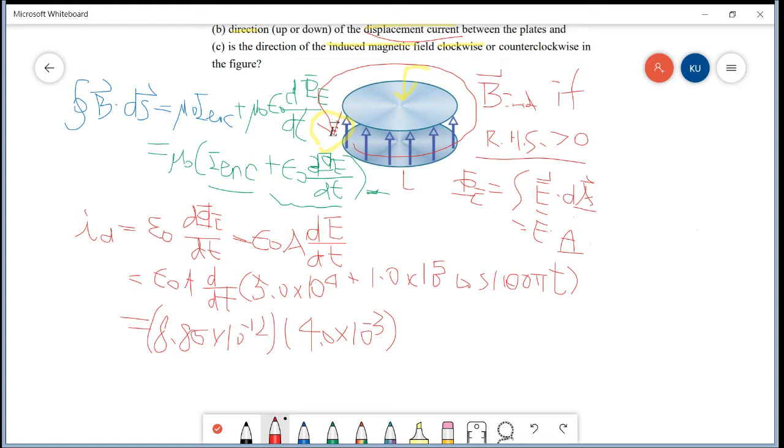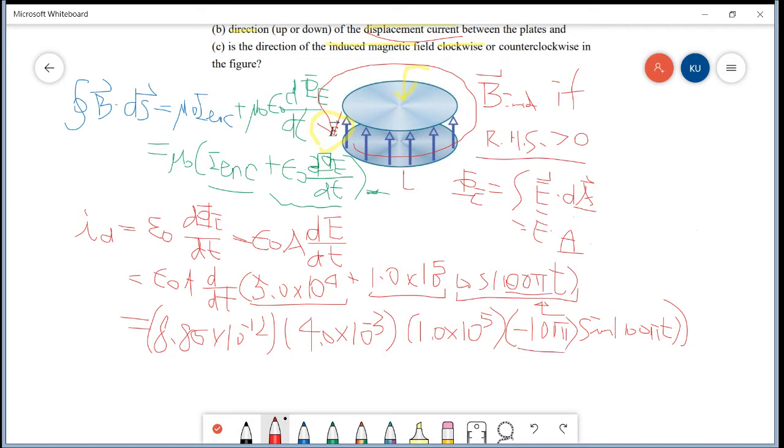Taking the derivative of the cosine gives minus sine, and by the chain rule we multiply by minus 100 pi.